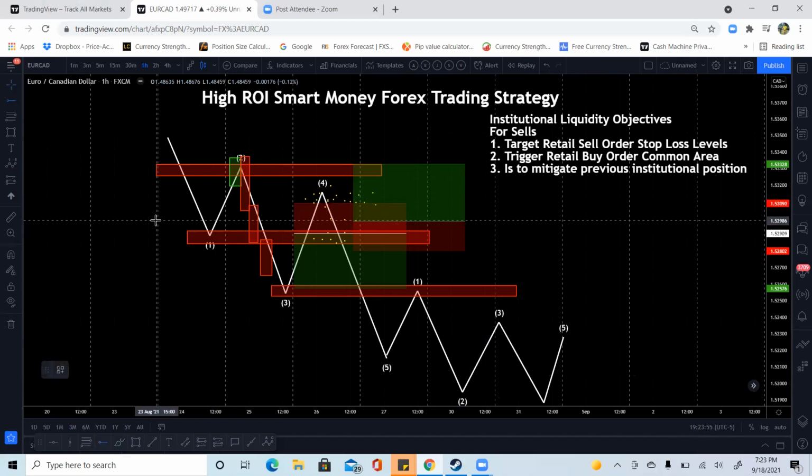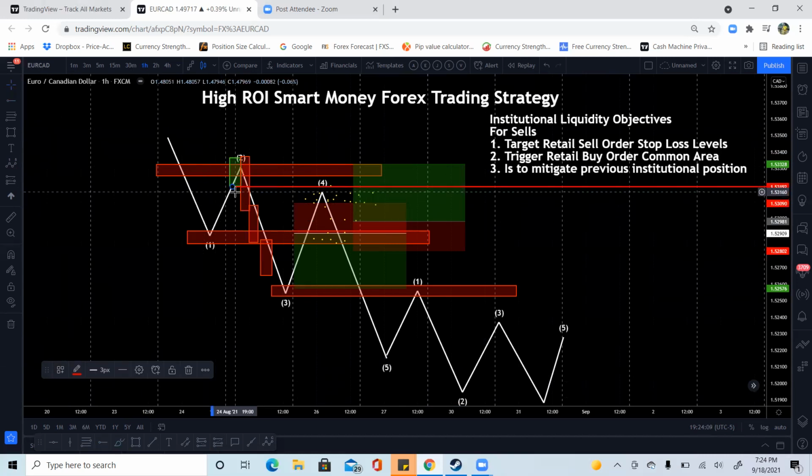And for people who are in drawdown and want to get out of it, what do you hope the market does to get you out of drawdown? To bring you back to break even. So what is break even on this move? It's the open of that candle. That is the break-even point. So when you break even, you close a buy trade, you're also selling.